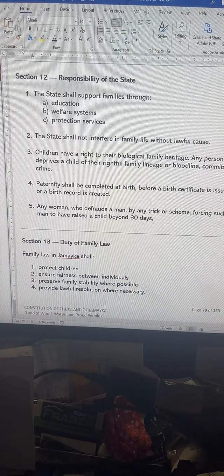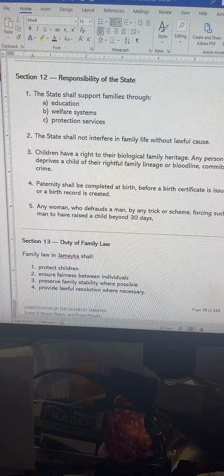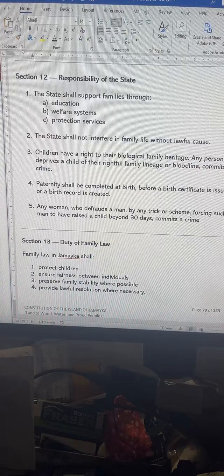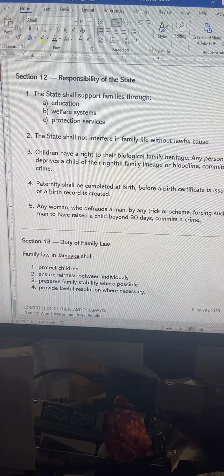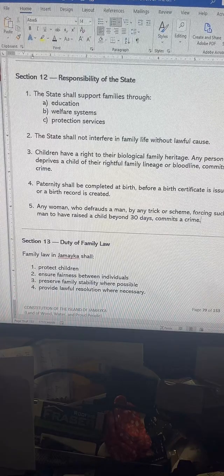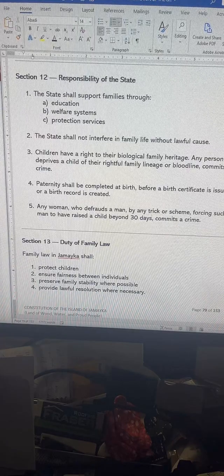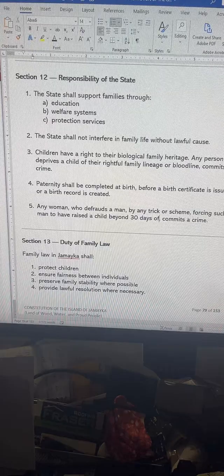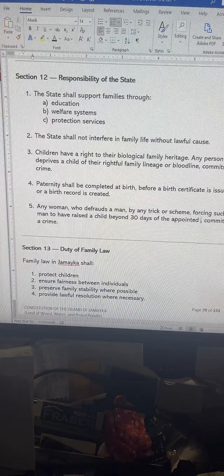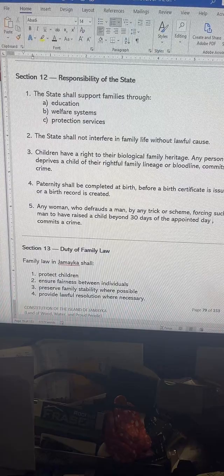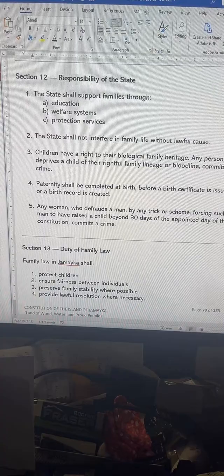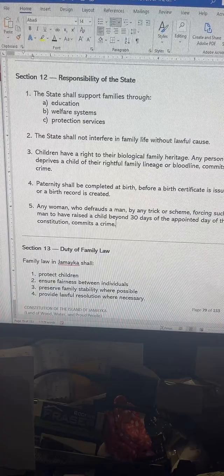So you have 30 days to come forth. Commits a crime. Right? So, beyond 30 days of the appointed day of this constitution. There we go.